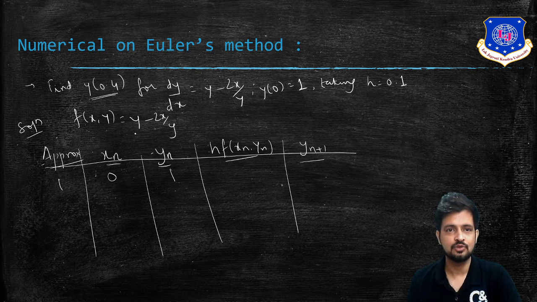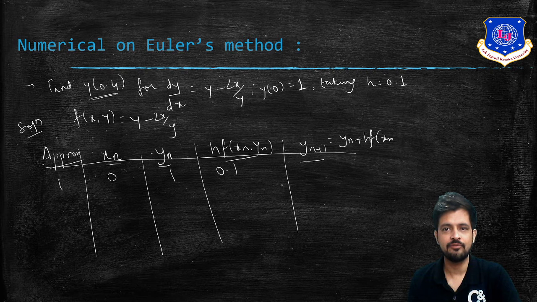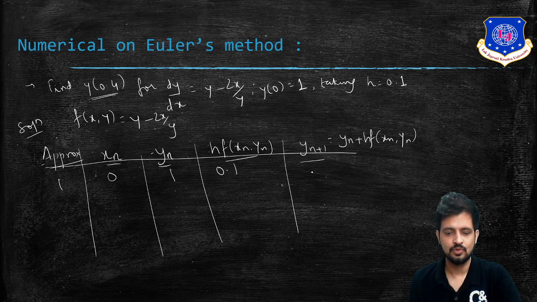So 1 minus 0 is 1, and 1 into 0.1 is 0.1. Then for yn plus 1, we have to add these two values, because yn plus 1 is yn plus h into f of xn comma yn. So my answer will be 1.1.